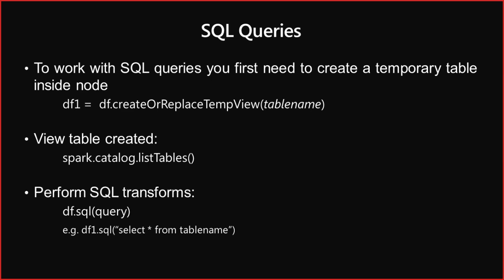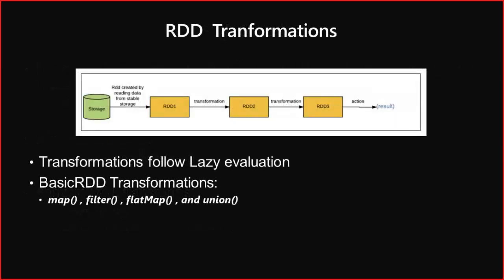We have performed SQL transformations, and now we'll see some of the transformations that we perform. Remember that first from the storage we create an RDD, then we perform transformations, then again transformations, and at the end we print the result. Note that transformations follow lazy evaluation. This means that whenever I write dot filter or dot select, until I want to print the data using dot show, it will not perform that transformation.